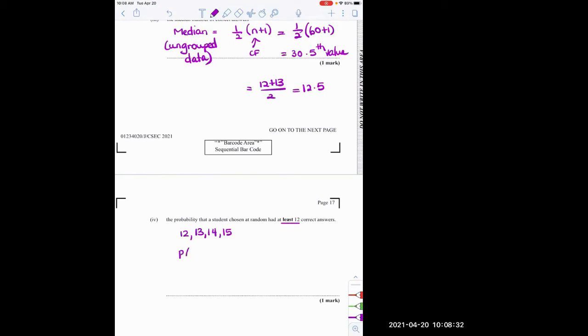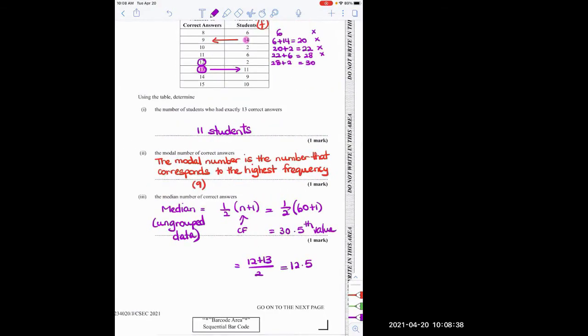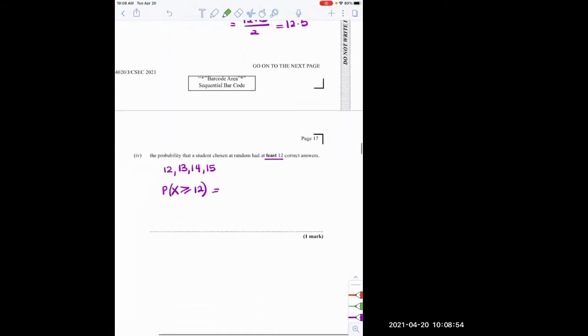So the probability that X is greater than or equal to 12. How many persons had 12 correct answers? 2, so we add: 2 plus 11 plus 9 is 22, plus 10 is 32. So here would be 32 over 60, which can be reduced to 8 over 15.